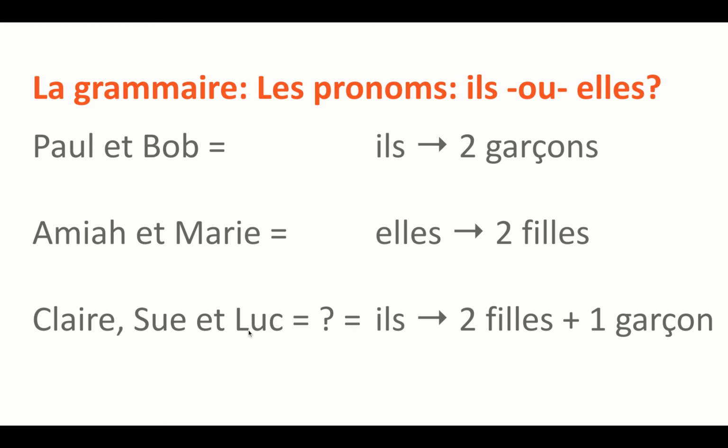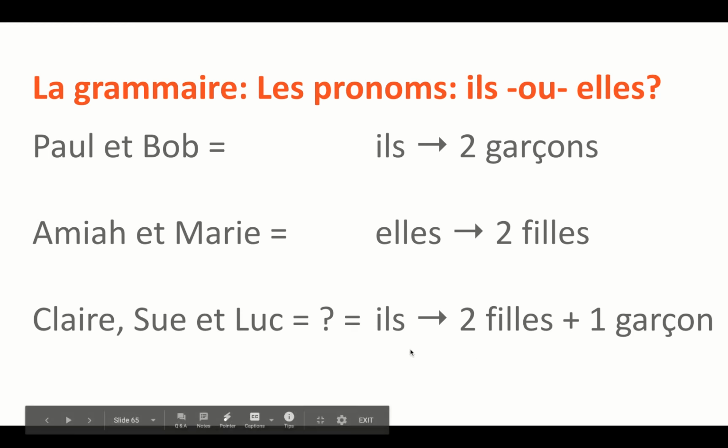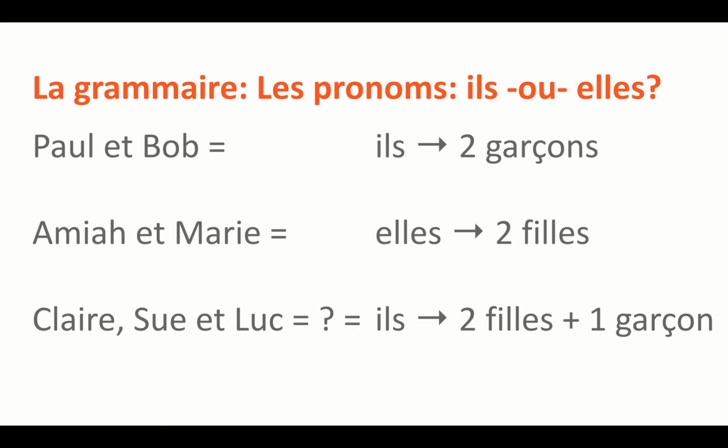Claire, Sue et Luc. Ça, c'est ils, parce qu'il y a deux filles et un garçon. So whenever you have a group of people, as soon as you have one guy in the group, it defaults to ils. Oui, c'est sexiste, OK? C'est la langue romane. C'est normal pour ça, OK?